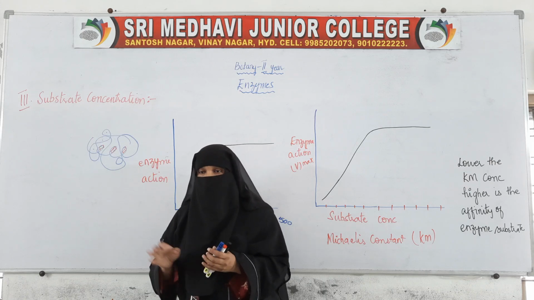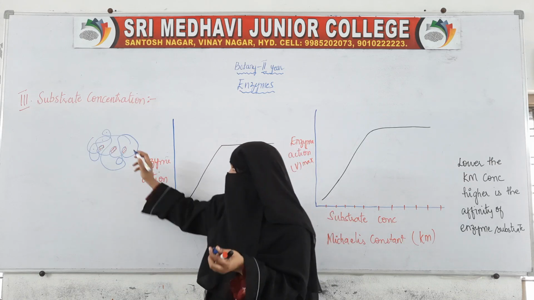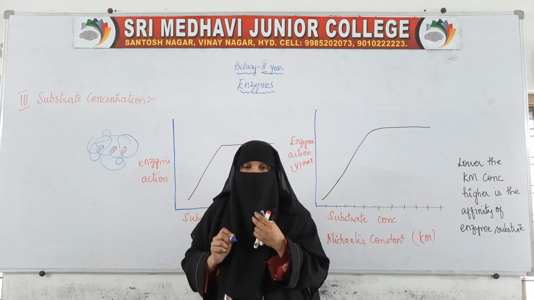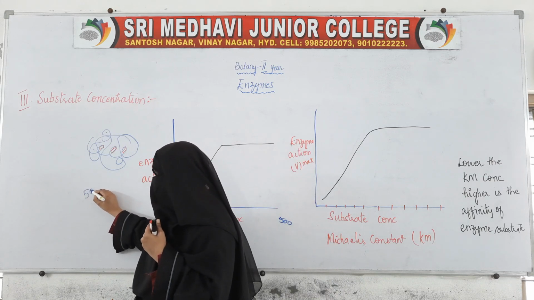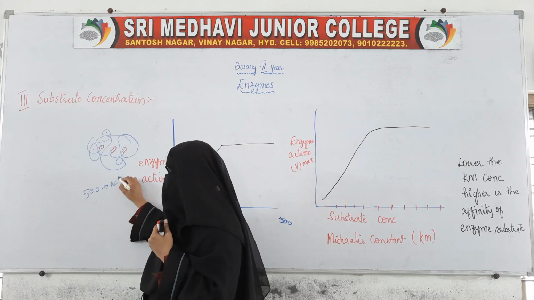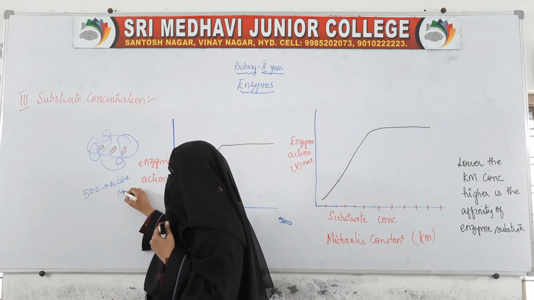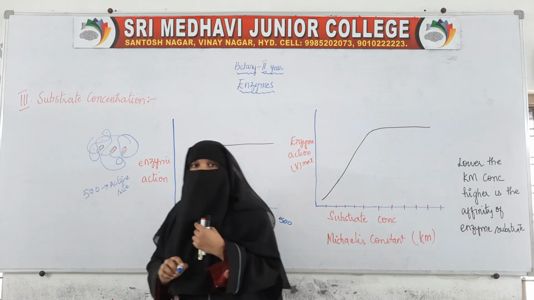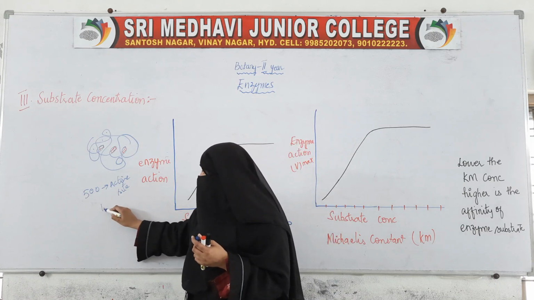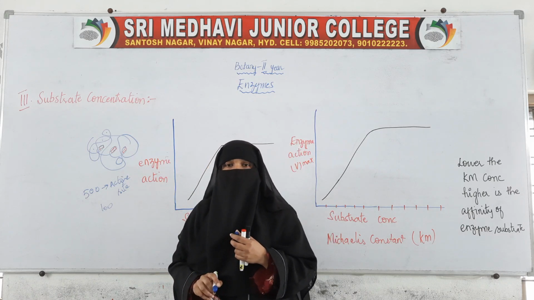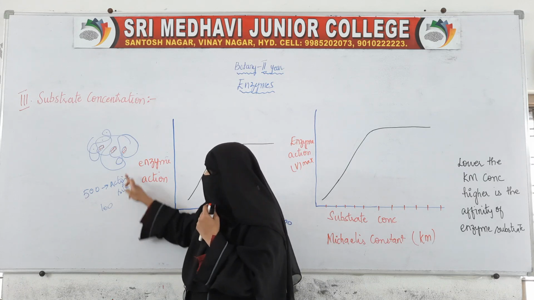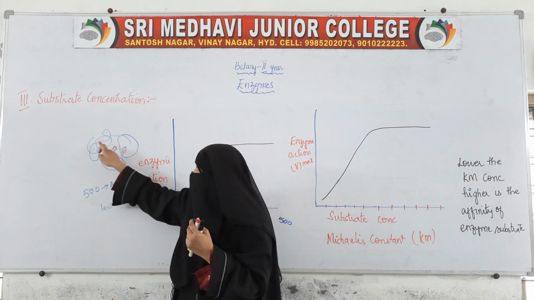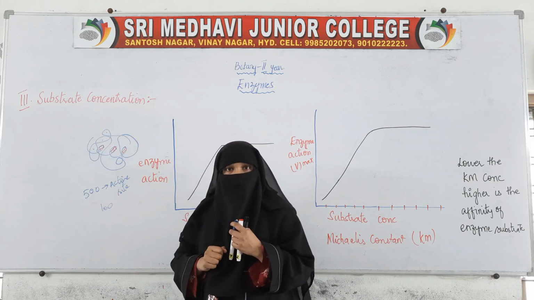So for example, if this is the enzyme and it has 500 active sites, first I will add 100 substrate molecules. These 100 substrate molecules will go and attach themselves in the active sites.